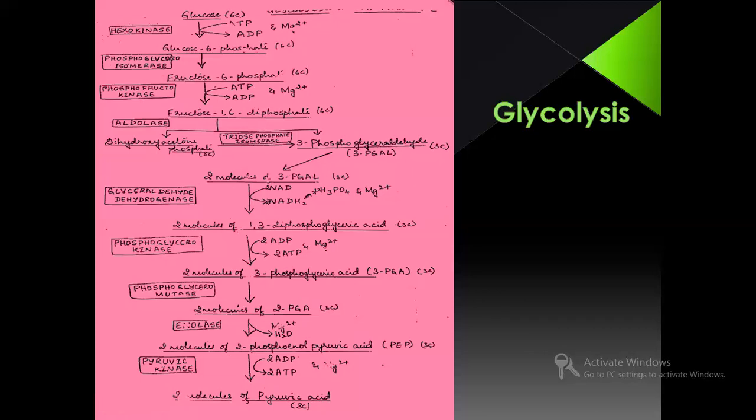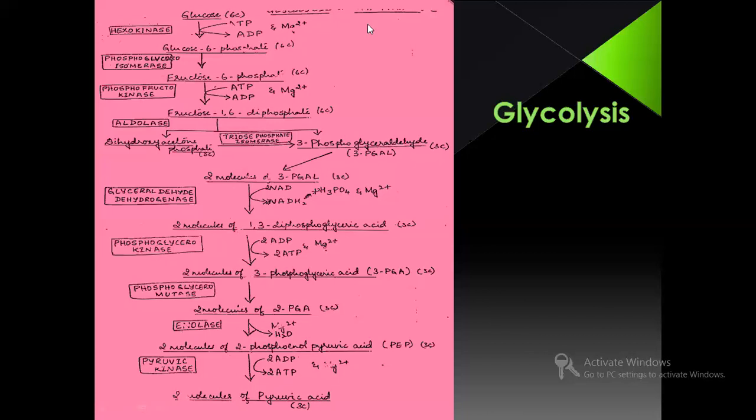And this is the conversion of 2 molecules of phosphoenol pyruvic acid, PEP, to 2 molecules of pyruvic acid. It involves the enzyme referred as pyruvate kinase, and it is a dephosphorylation step where a phosphate group is being removed from the PEP molecule, and 2 molecules of ATP have been released in the presence of magnesium ions.